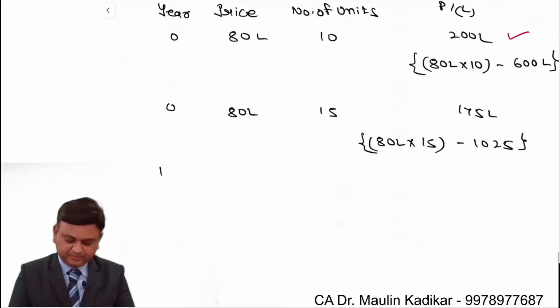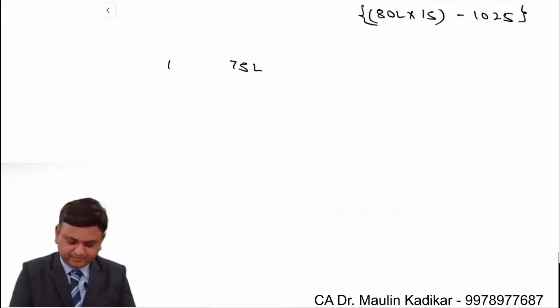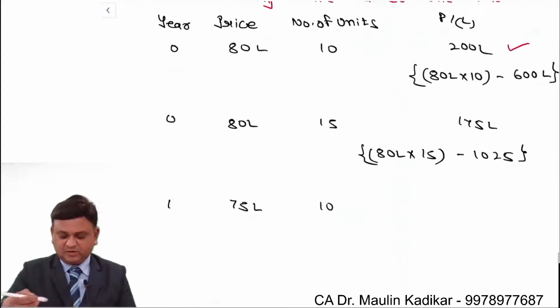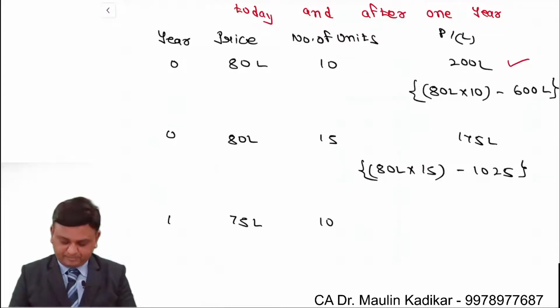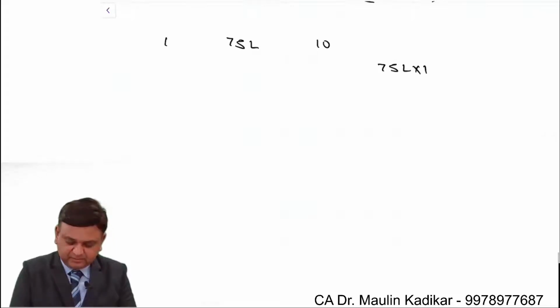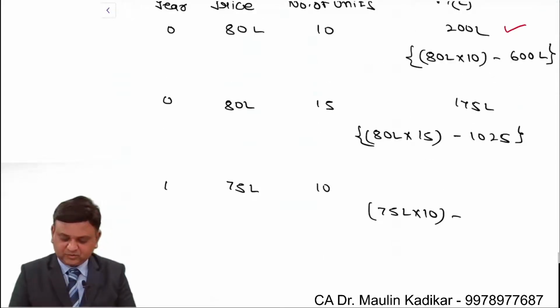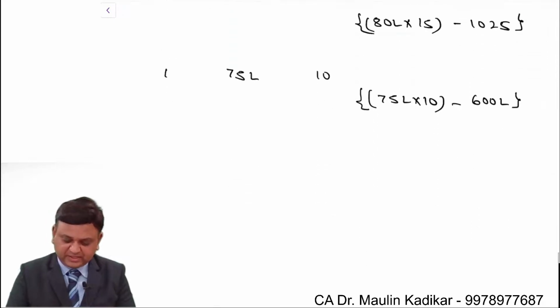Now year 1, in that there are two prices. The price may decrease to 75 lakhs, 10 units. What will be the profit or loss? That we will calculate. 75 lakhs into 10 minus 600 lakhs. That comes to an amount of 150 lakhs.